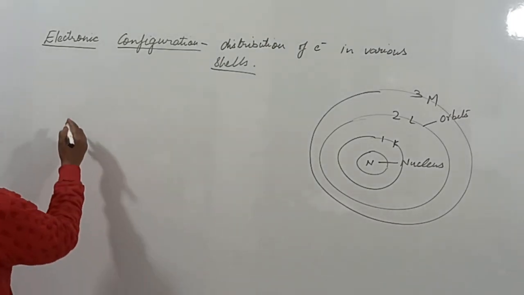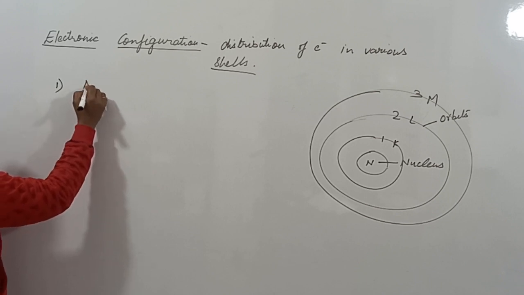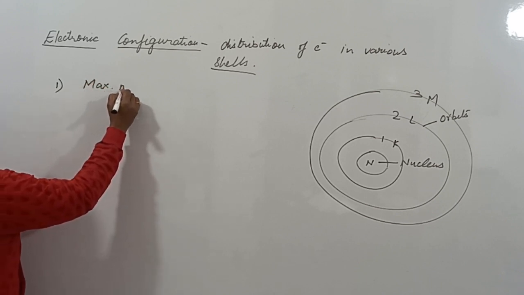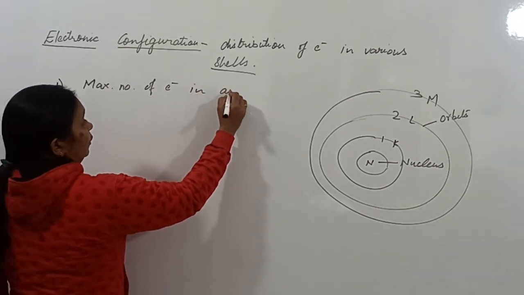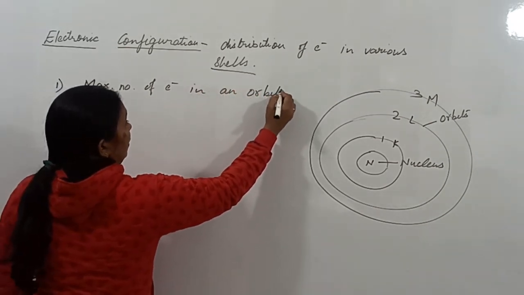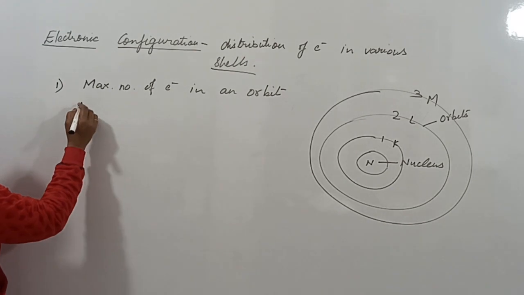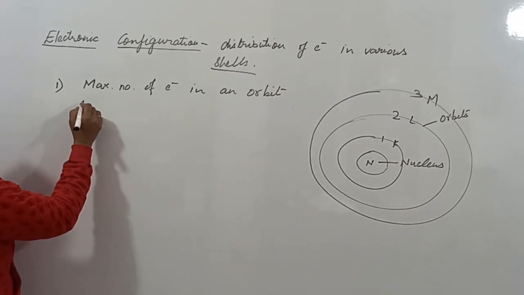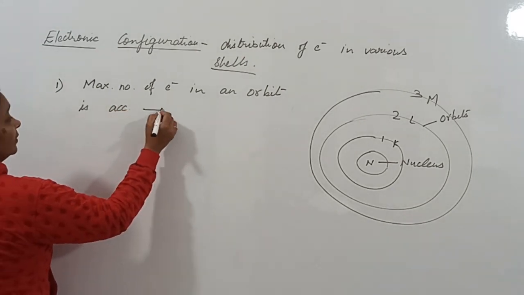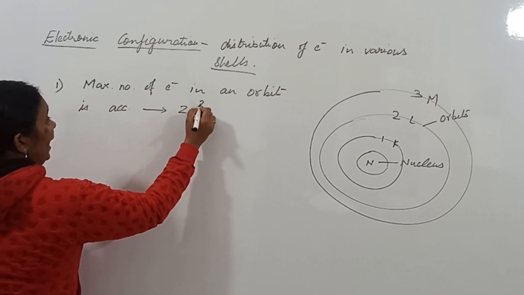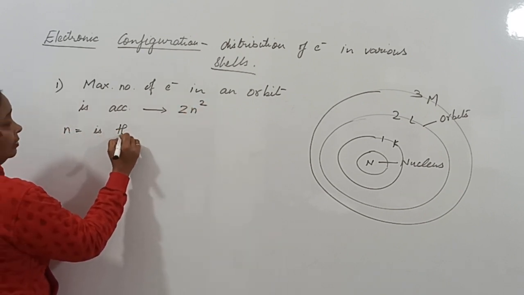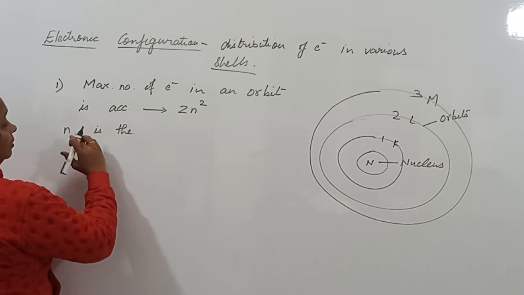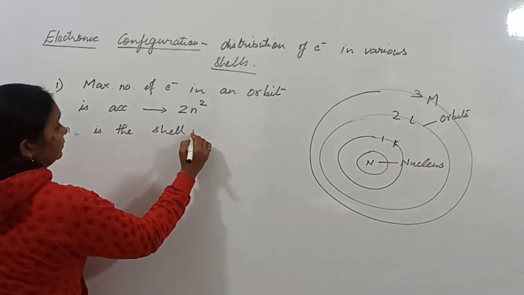The first rule is that the maximum number of electrons in an orbit is decided by the formula 2n square, where n is the shell number.